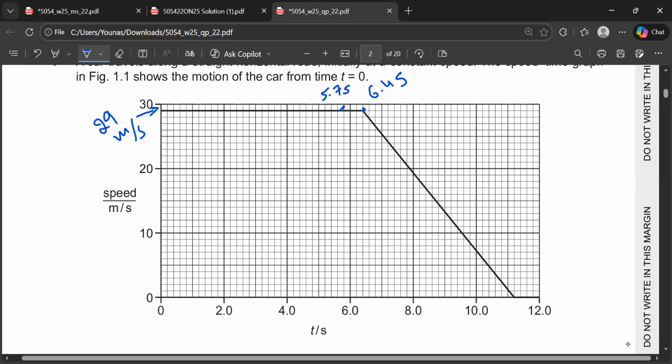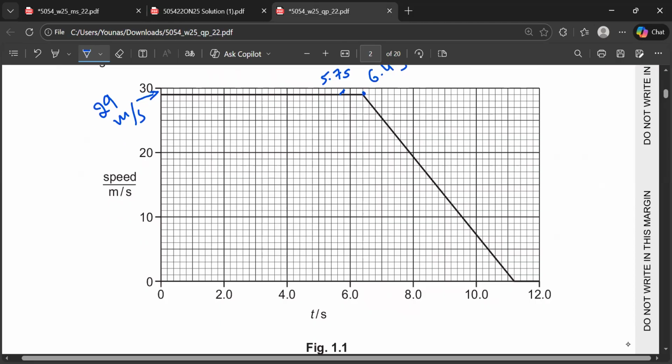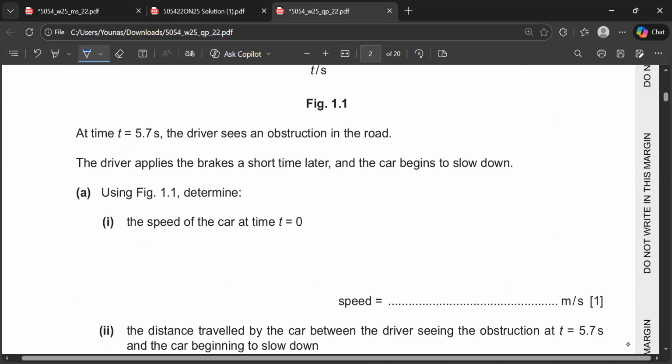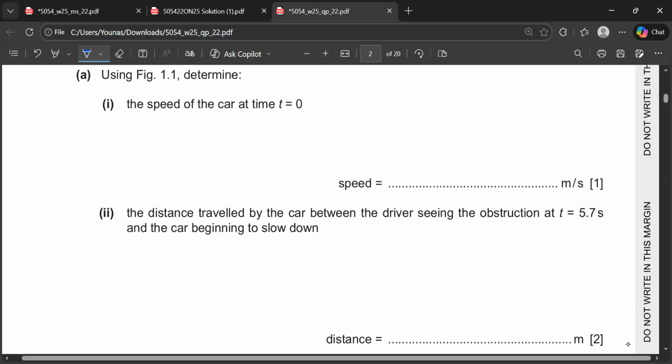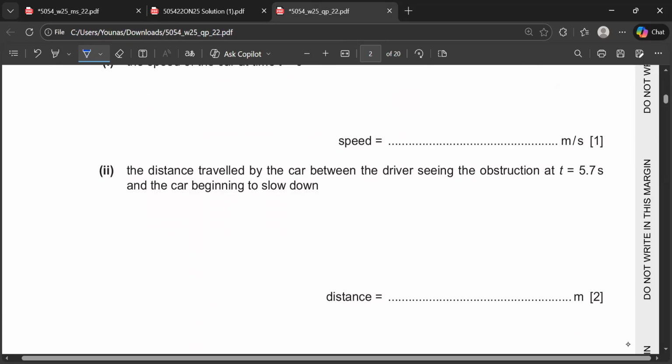The area under the speed-time graph is equal to the distance traveled. This area will be like a rectangle, so I can easily find the distance traveled by the car from 5.7 seconds to 6.4 seconds.